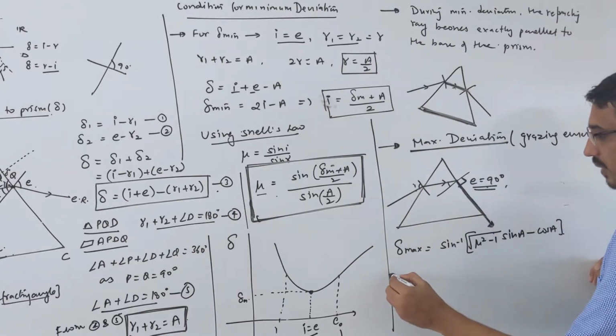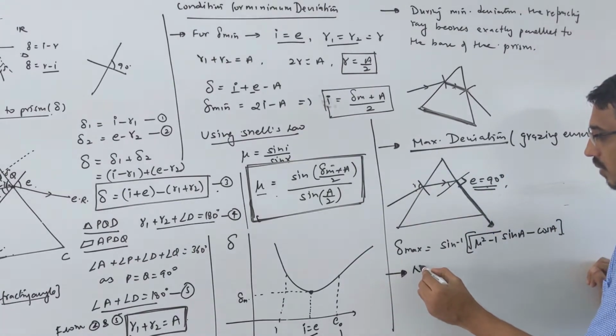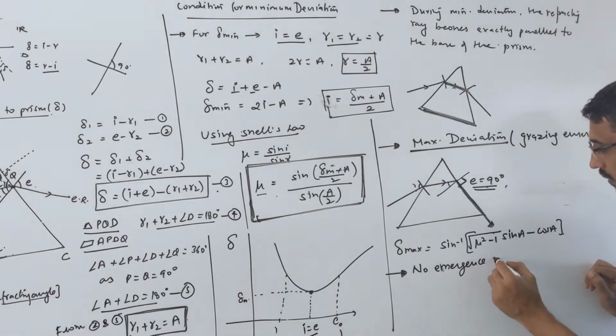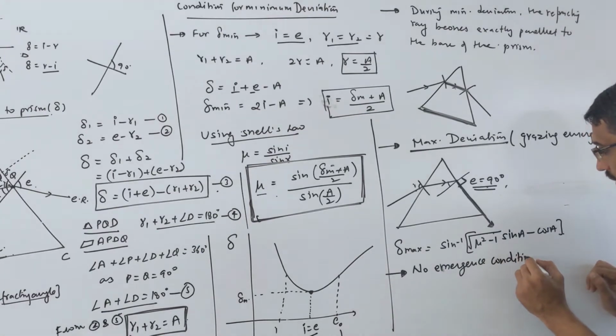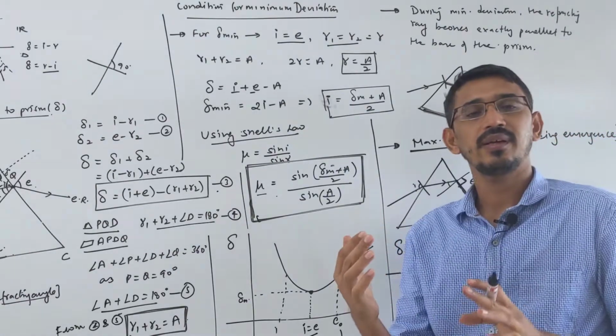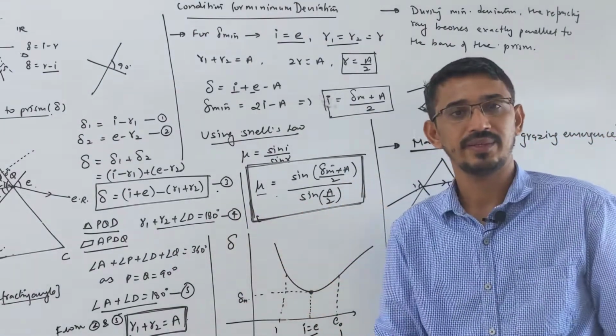So you can write here, they call it the no emergence condition, or you say TIR also. Your ray will not come out, it will get reflected.